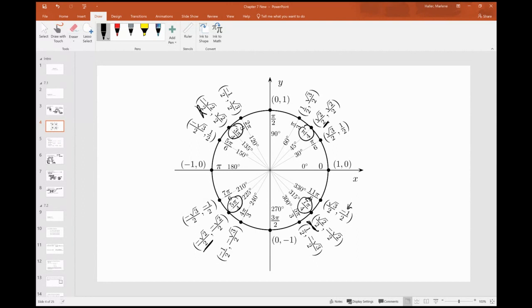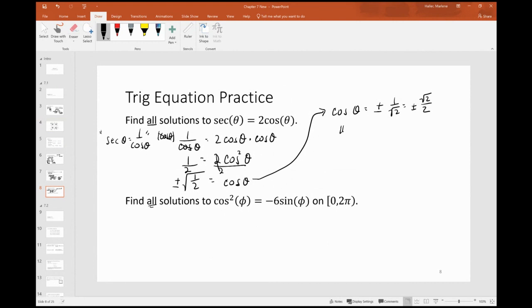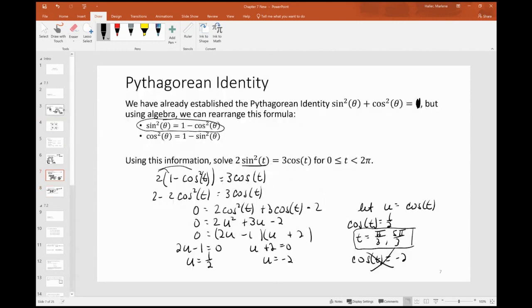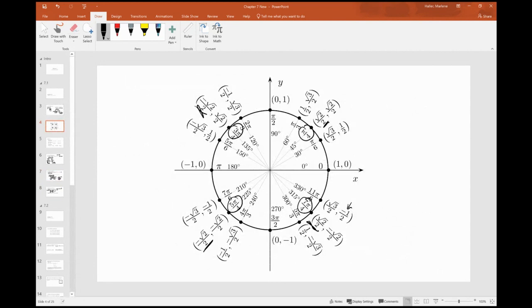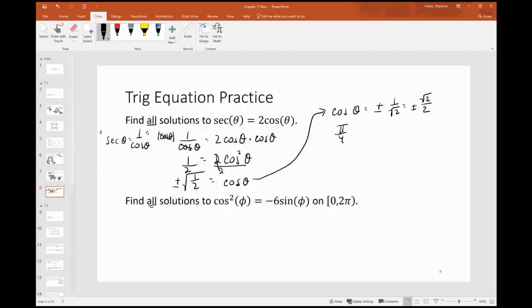So once around the unit circle has these 4 solutions: pi over 4, 3 pi over 4, 5 pi over 4, and 7 pi over 4, right?